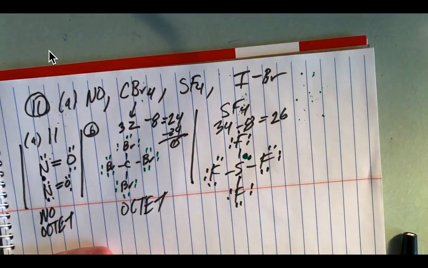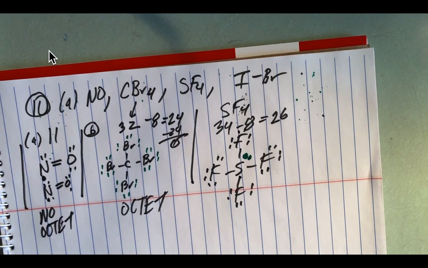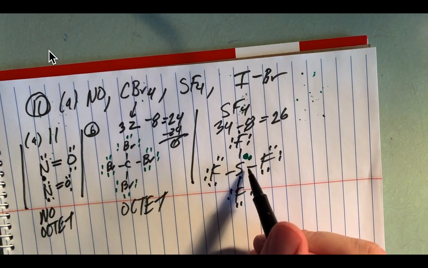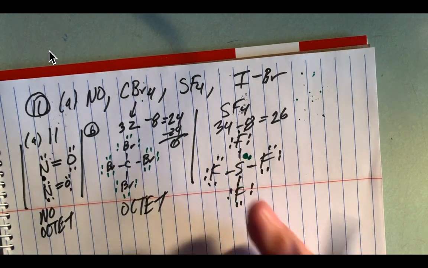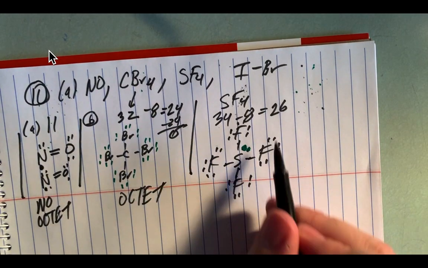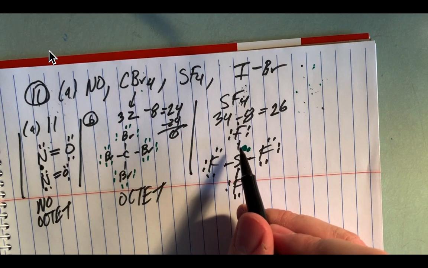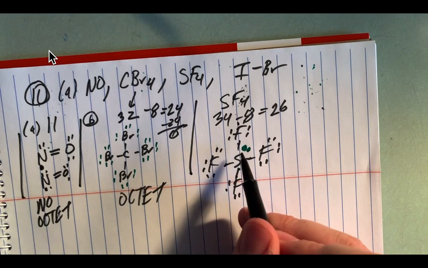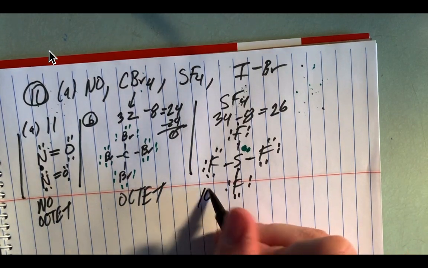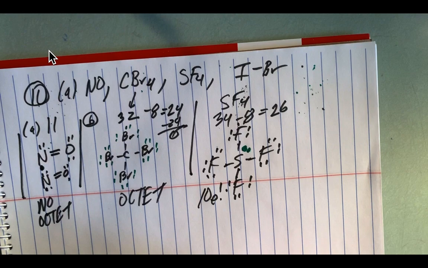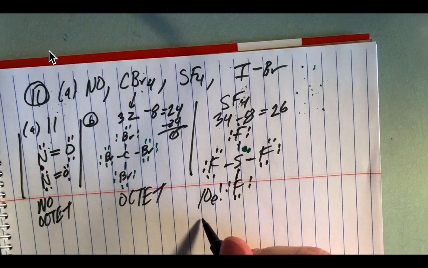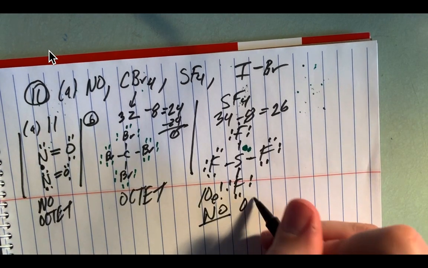And those last 2 then get dropped on the sulfur. In order for the molecule to be stuck together, the sulfur has to have 2, 4, 6, 8, 10 electrons around it, because we have to bond the fluorines, plus we have to put these 2 extra electrons somewhere. So this has 10 electrons on the sulfur, and so no to the octet rule.